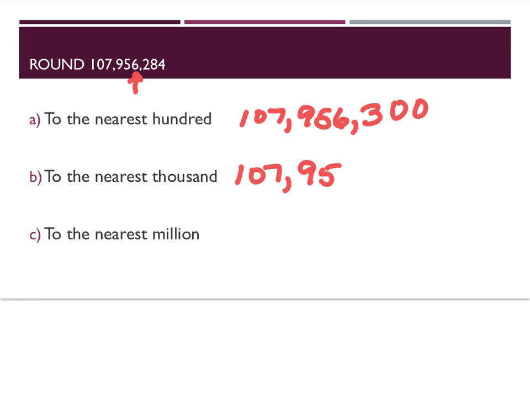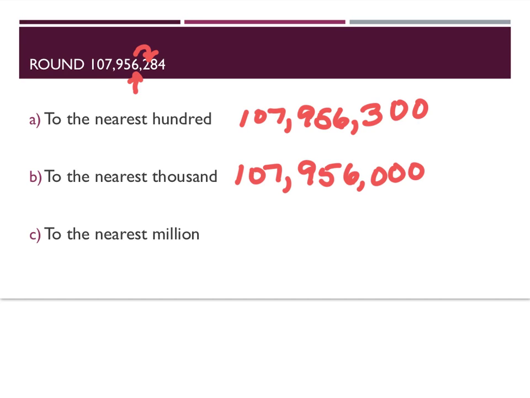Now the 6 is either going to stay 6 or it's going to round up to 7. I look at the digit to the right of the 6 and it's a 2. That number is 4 or less, so the 6 is going to stay a 6, and I fill in to the decimal with zeros. So I would round that to 107,956,000.